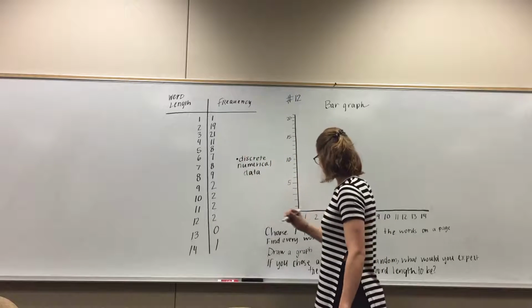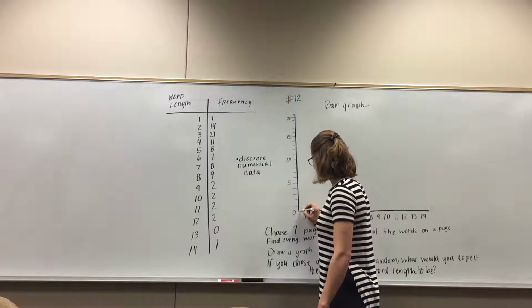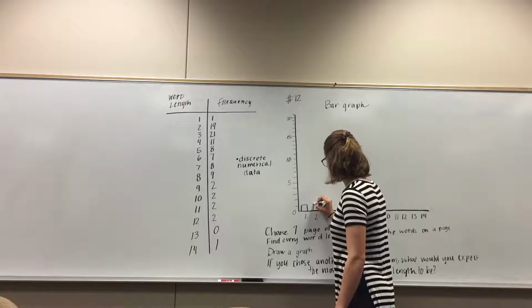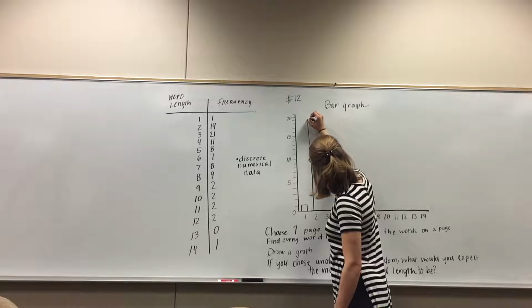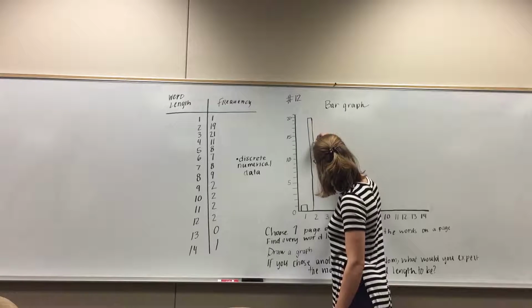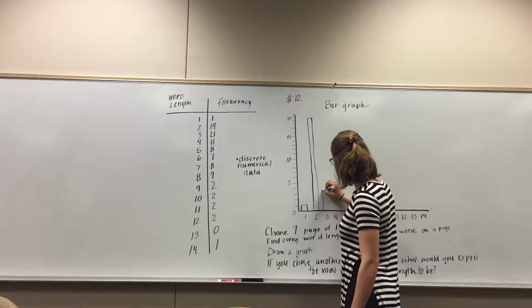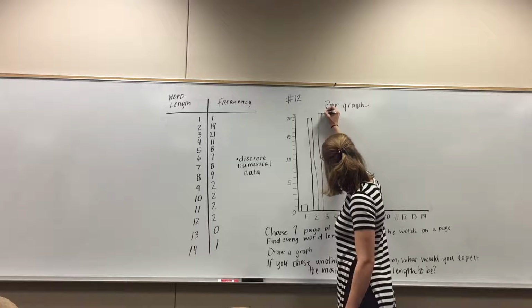So you go 1 and 1, and that is saying that a 1-letter word happened 1 time, and a 2-letter word happened 19 times. But that wasn't the most yet. A 3-letter word occurred 21 times.